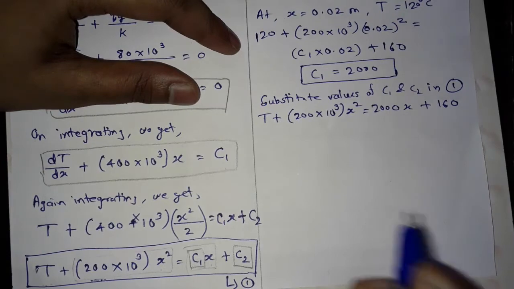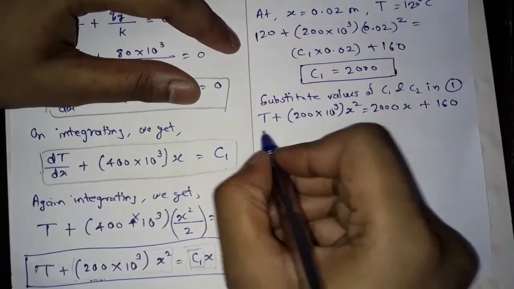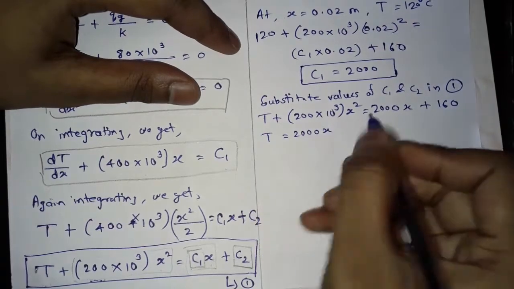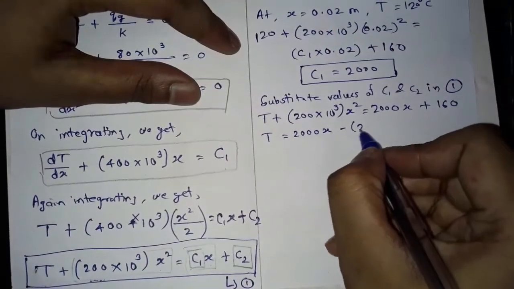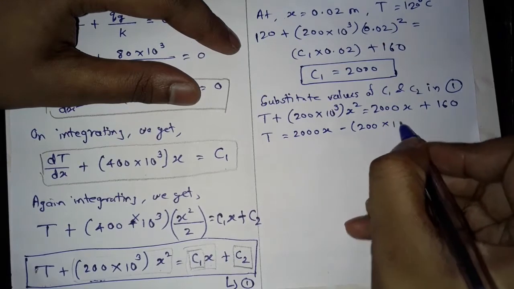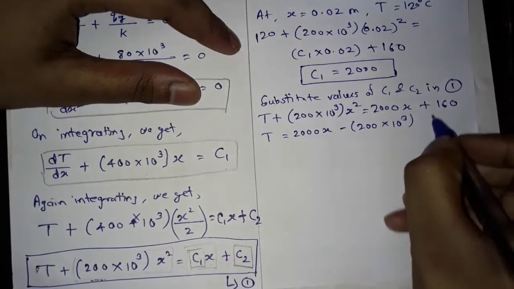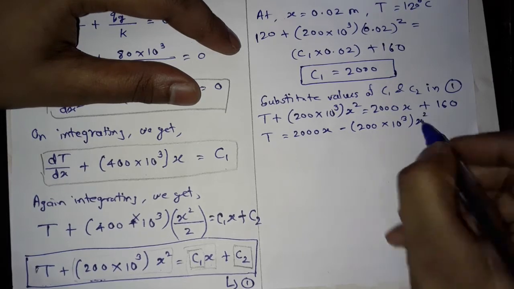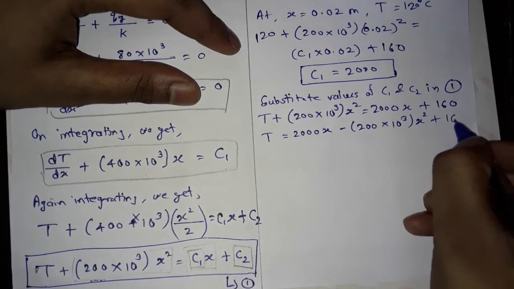Now let's simplify this whole equation. So here T is equal to 2000 x minus (200 into 10 cube) x square plus 160.